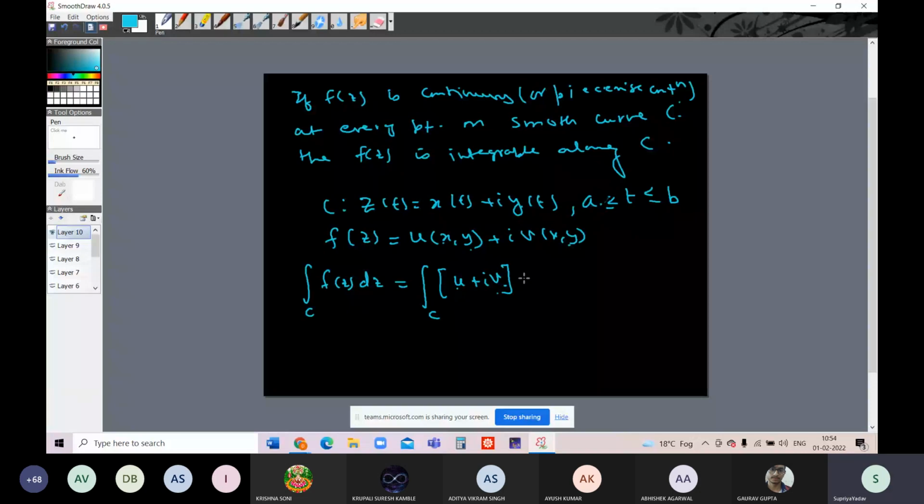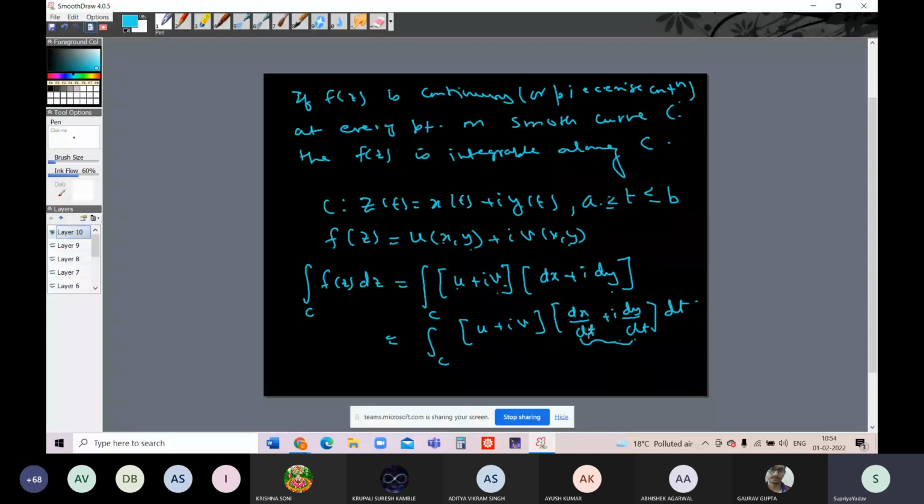So this can be written as the integral over C of (u + iv)(dx/dt + i dy/dt) dt. Since dx/dt + i dy/dt is dz/dt, we can also write it as (u + iv) dz/dt dt.